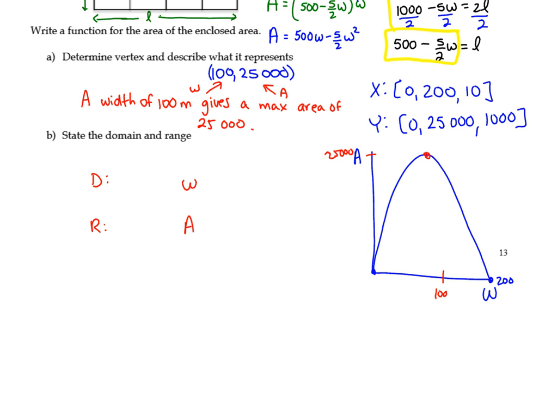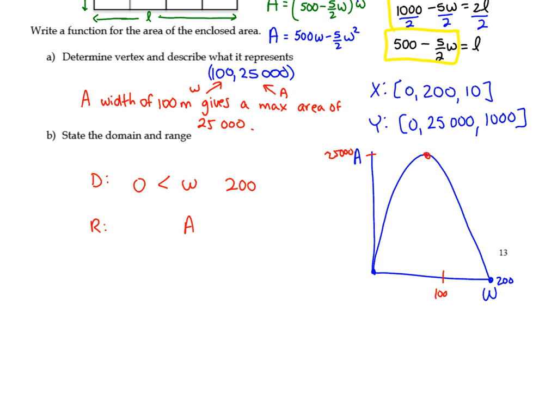If they ask for the dimensions, you need to figure out your length as well, right? So domain is between what two values? 0 and 200. Would it be an equal to sign or just greater than? Can you have a width of 0 and still have a rectangle?